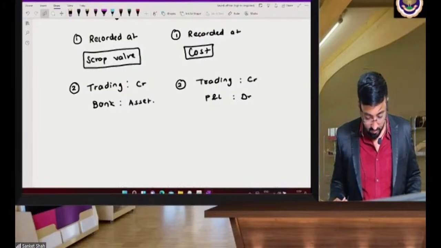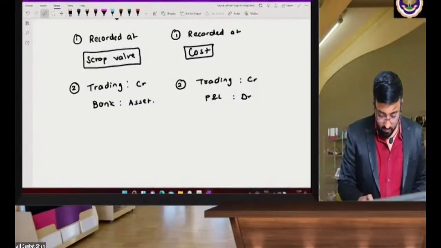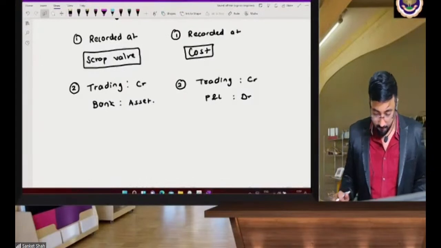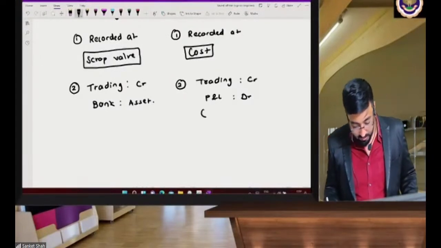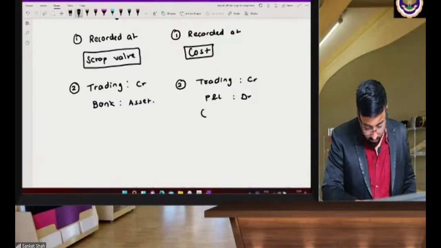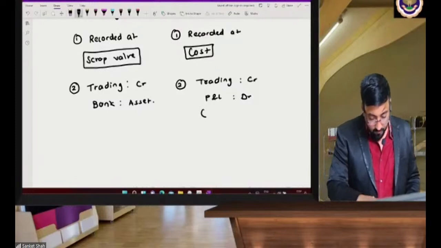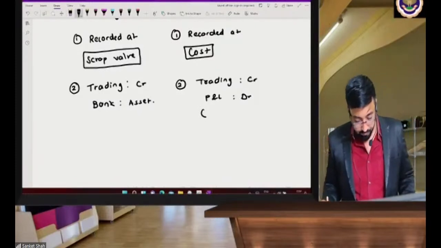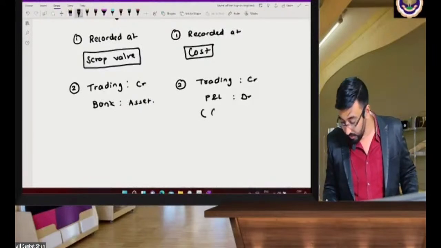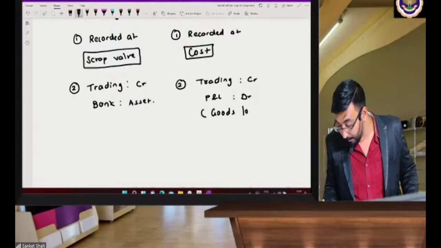Sir, for example, in 11-12 standard, if you remember, goods lost by fire.